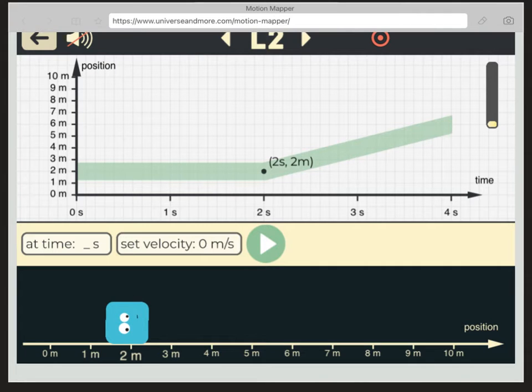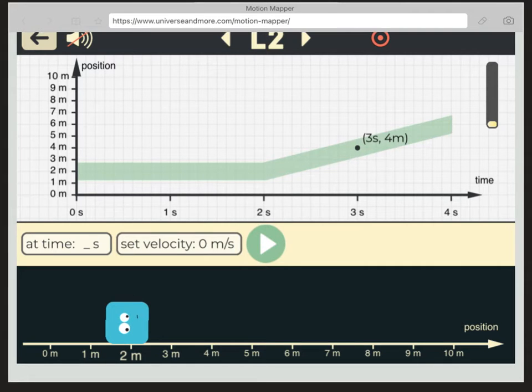But at the 2 second marker, it's going to start to move up. It now has a slope. So we go from 2 seconds at 2 meters to, by the time we get over here to 3 seconds, we're at 4 meters. So what this means is I went up to 2 meters, right? And then I ran 1 second.